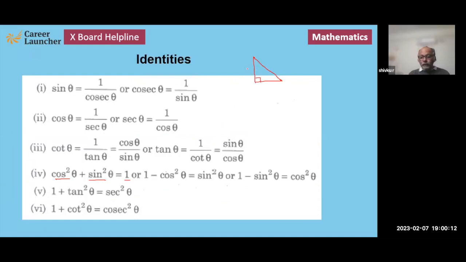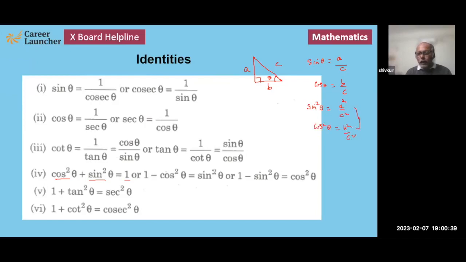If this is A, B, and C, and this is theta, you know that sin theta is equal to A by C, cos theta is equal to B by C. So sin squared theta is A squared by C squared, cos squared theta is B squared by C squared.